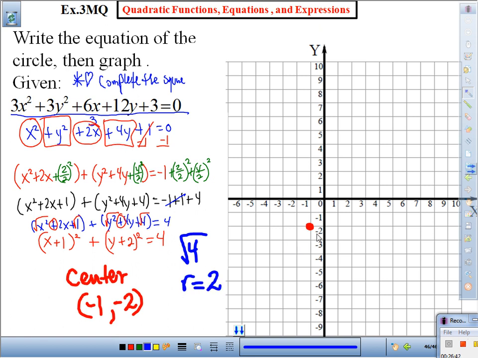According to the definition, a circle is formed by equidistant points from the center, that means we need points 2 away from the center. How many steps? 1, 2. 1, 2. And with those, we can graph our circle.